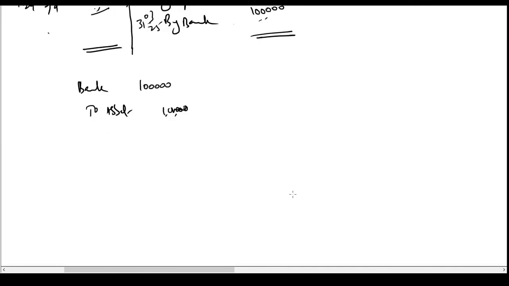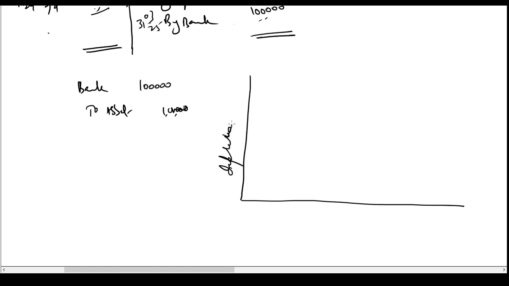Now using the above problem, if you try to draw a graph, this is depreciation and this is life. 31st March 22, 31st March 23, 31st March 24 and 31st March 25.